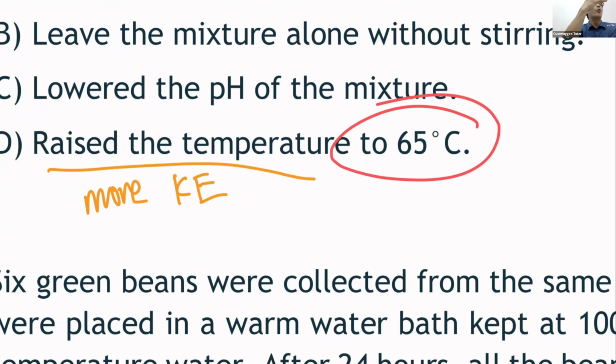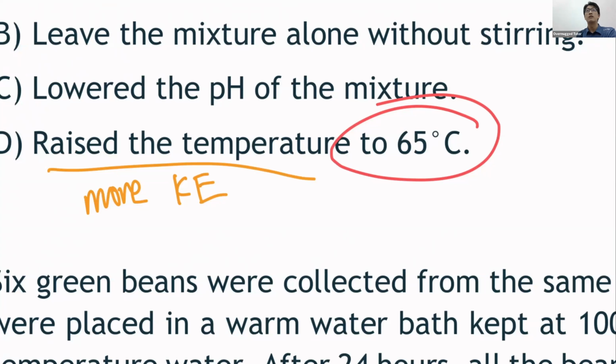So enzymes that are found in a particular organism will have an optimum temperature close to that organism's body temperature. Our body temp, 37. So any of our enzymes in our body, optimum temperature will be close to that. Logical? Okay, so therefore 65 is not just too high.